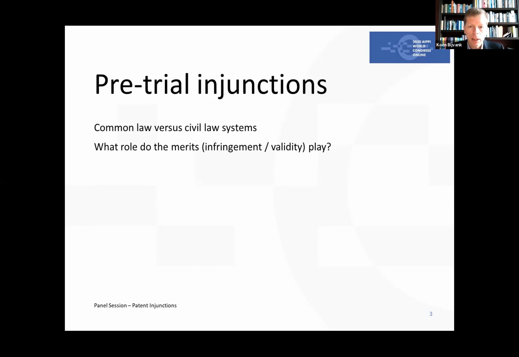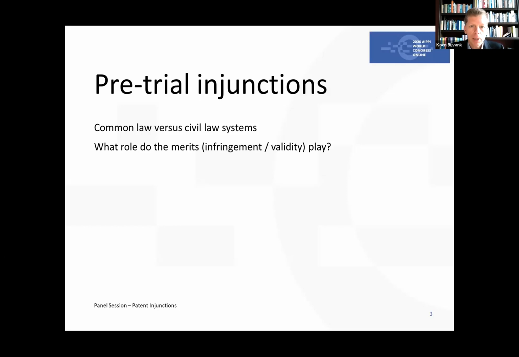And probably, even though I said we will not deal with the substantive matters like infringement or validity, I would first like to clarify in all the different jurisdictions to what extent the courts will at all look at the questions of infringement and validity when considering the question of whether or not a pre-trial injunction should be imposed.